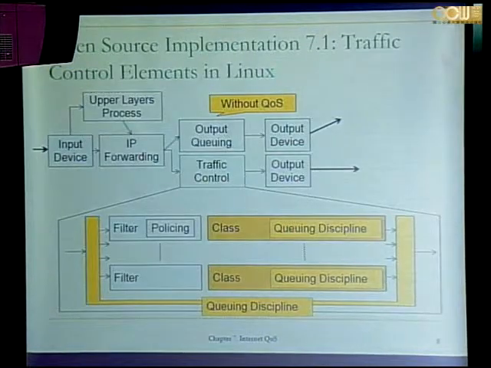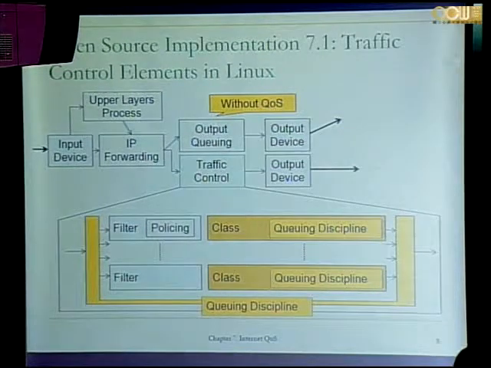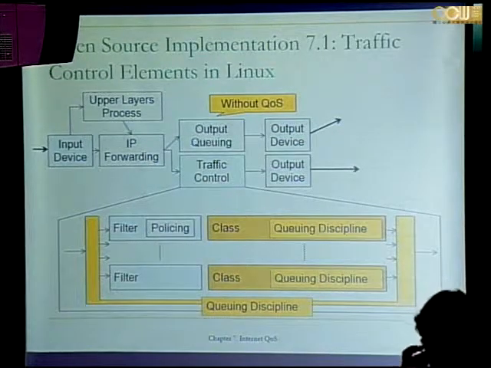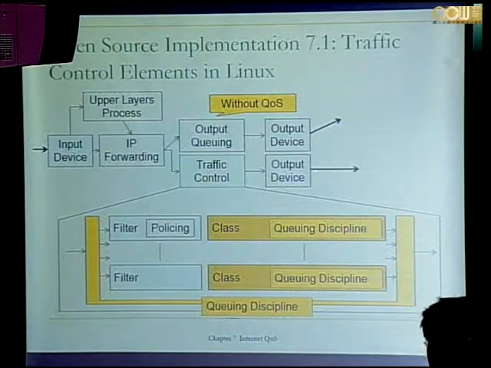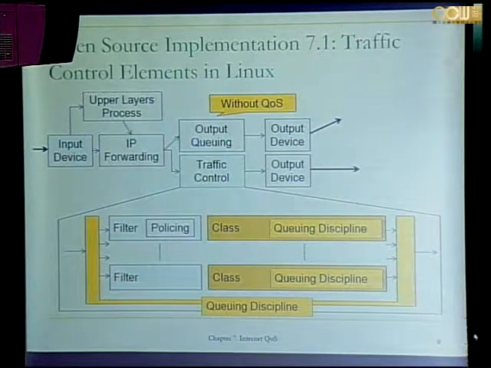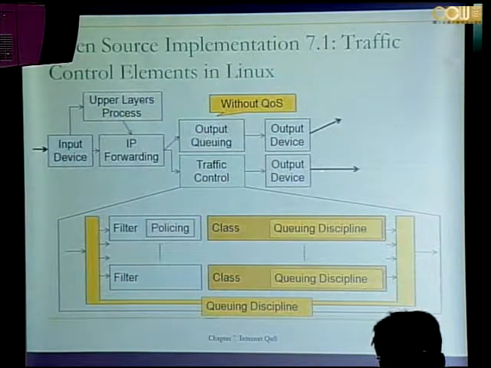There's an open source implementation called TC, traffic control. It's a kernel module within Linux. It's in the Linux kernel, and it implements the data plane, because the control plane mechanisms are mostly implemented in user space programs.